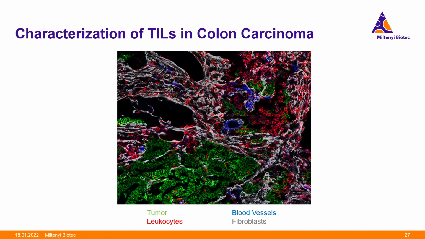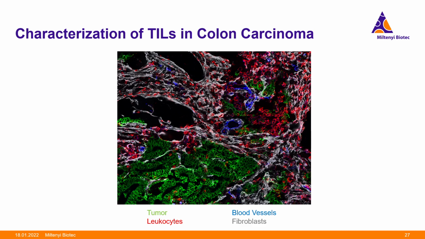Colon carcinoma is one of the most common tumors in the digestive tract, and its tumor microenvironment determines tumor germination and progression. So understanding the presence of TILs in this environment will play an important role in tumor cell killing during immunotherapy.